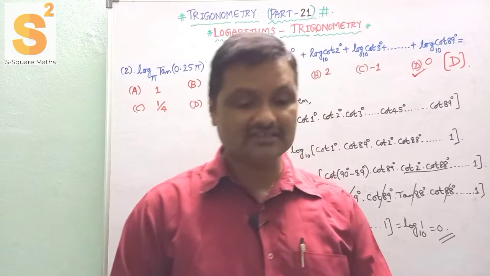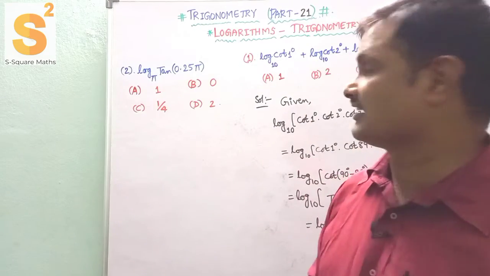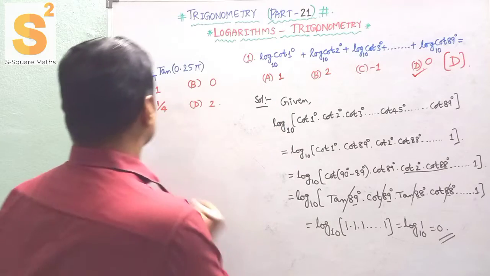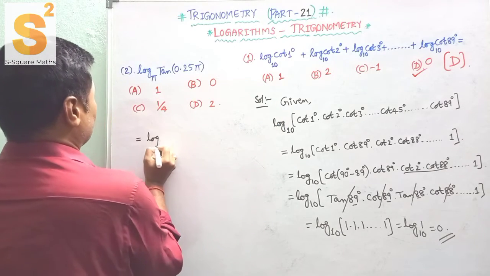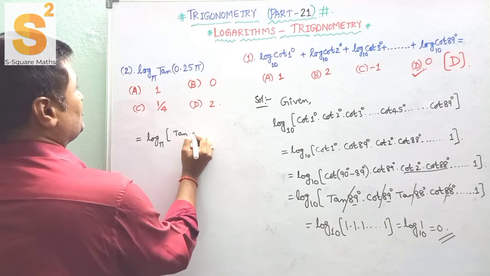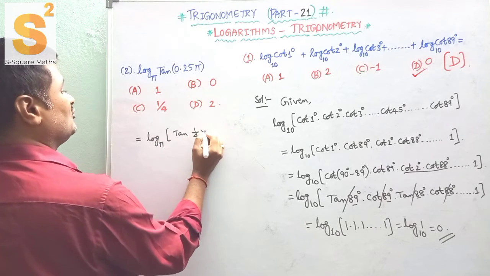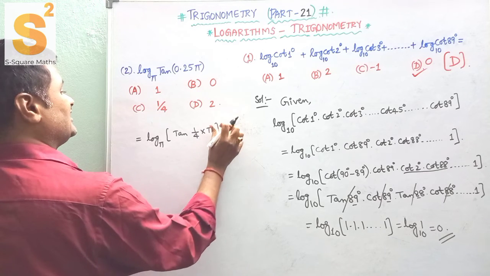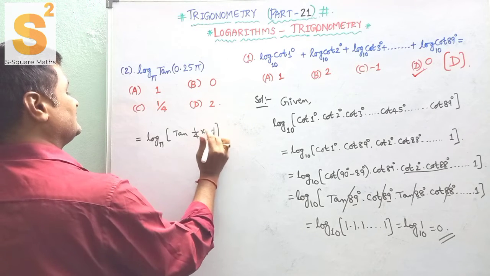So in this way the first problem. Now let us go through the second one here. So now I can write log to the base pi into 10. 0.25 is 1 by 4 into pi, and pi I can write here as 180.